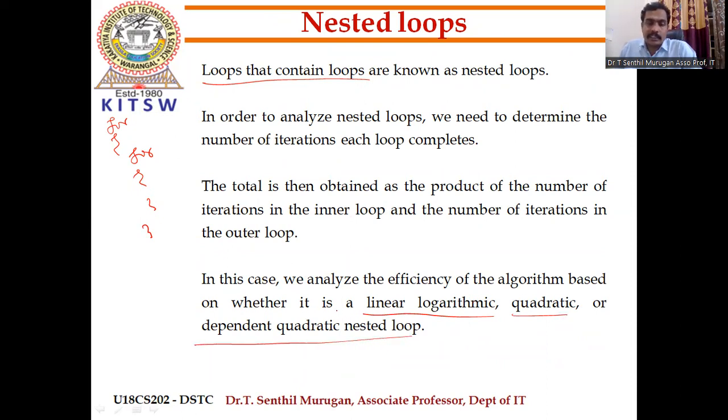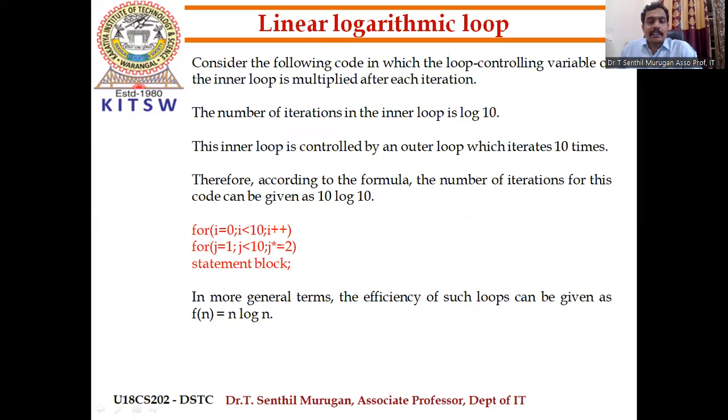Linear logarithmic means there is no multiplication symbol in the outer loop. The inner loop runs log of 10 times: 1, then multiplied by 2 gives 2, 2 into 2 is 4, 4 into 2 is 8, so only about 3 or 4 times it will execute. But the outer loop executes 10 times.